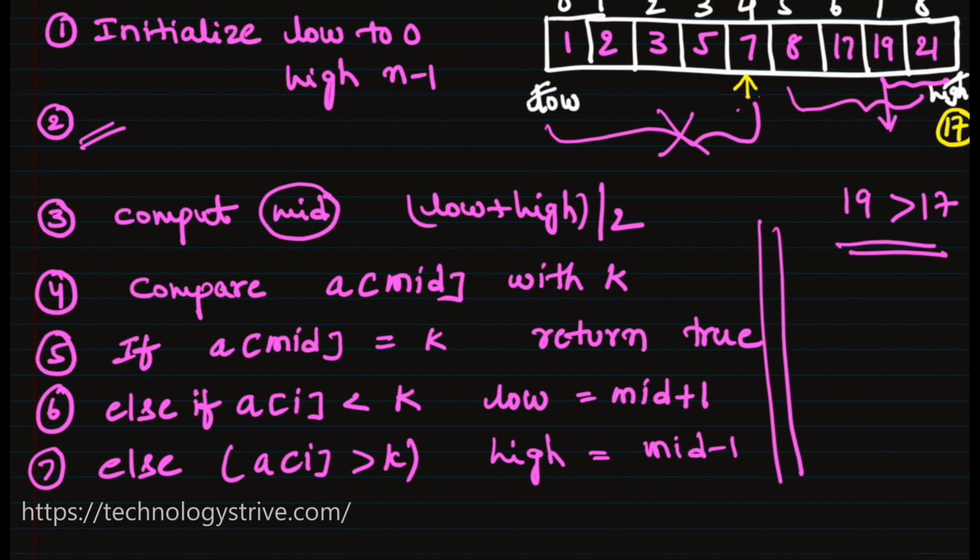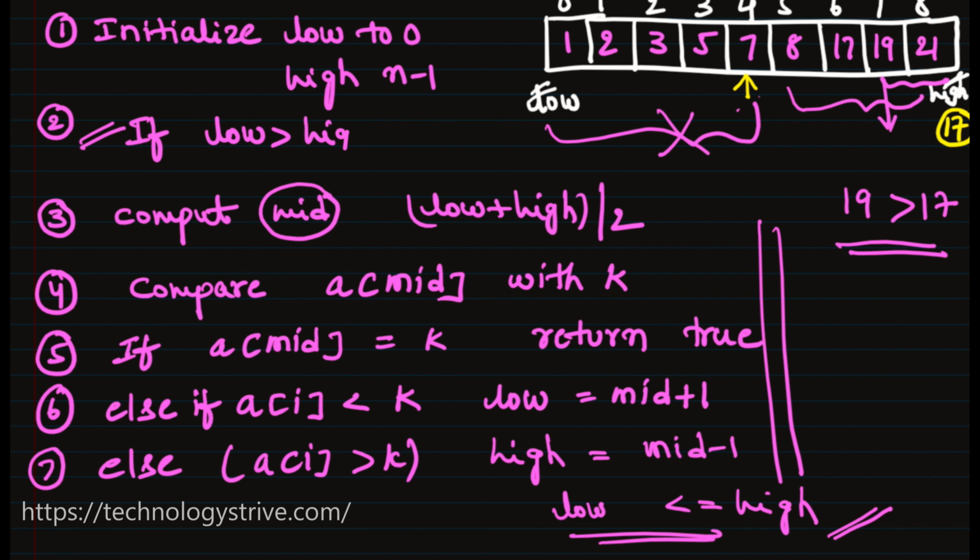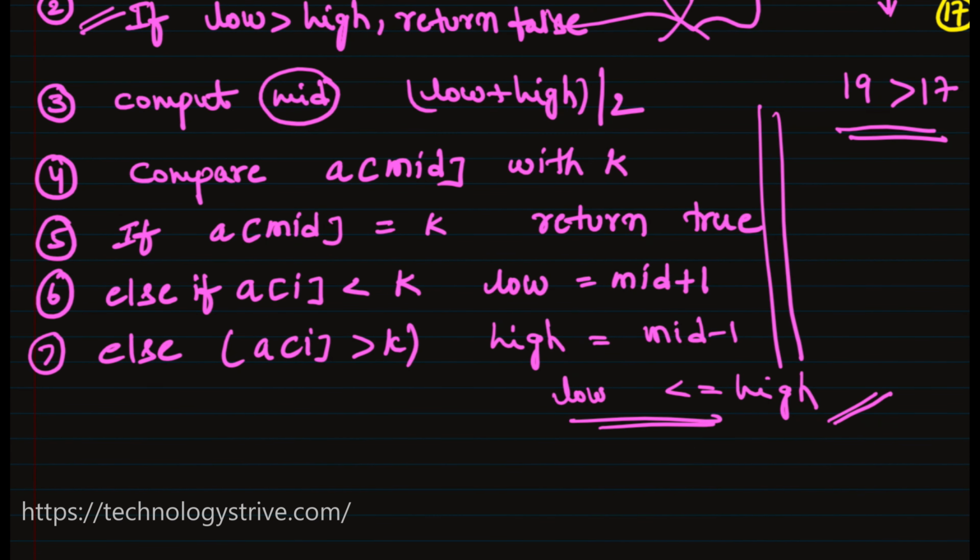So this continues because the lower index should be less than or equal to high, means these steps continue until this is satisfied. So our second condition is if low is greater than high, we are going to return false. So step 8 is repeat steps 2 to 7.